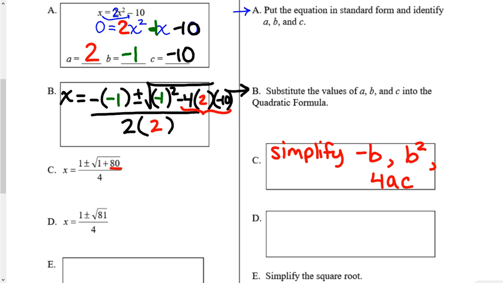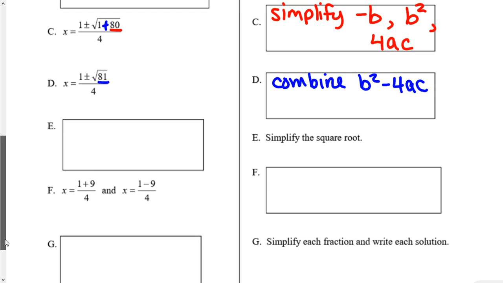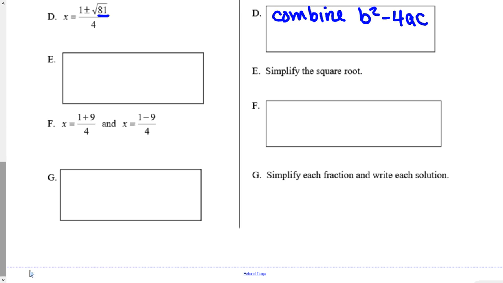All right, the next thing I'm going to do is combine, following my order of operations, my b squared and my 4ac. So this switched to become a positive 80, so I now have an 81 underneath the square root. The next step will be to simplify the square root. I had the square root of 81, so that's just 9.